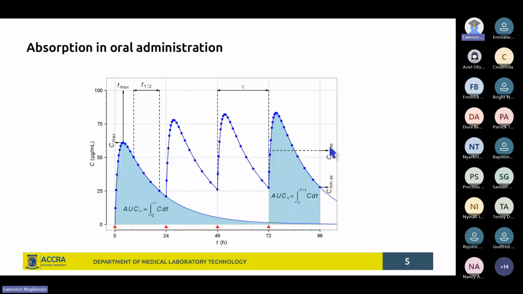If the concentration is below that minimum effective concentration, the drug will also not have its intended therapeutic effect. So at least that minimum is required for the drug to have its therapeutic effect.